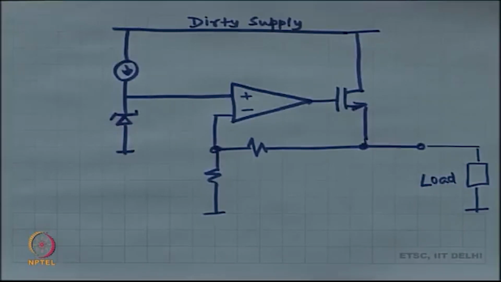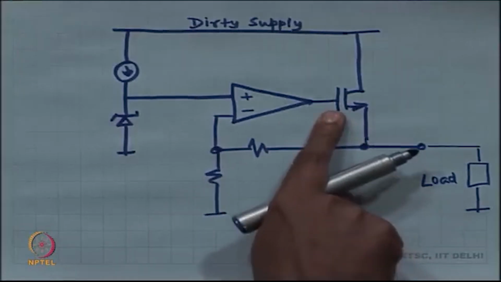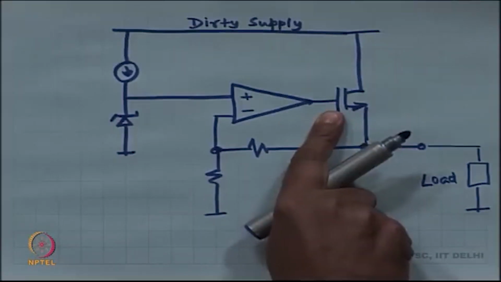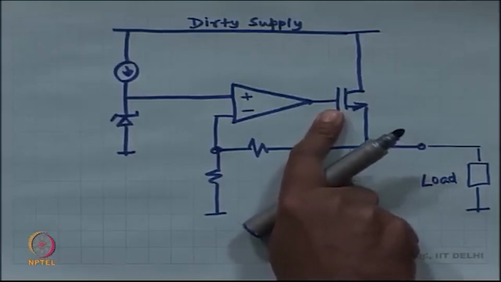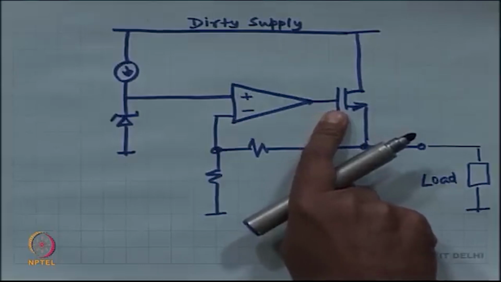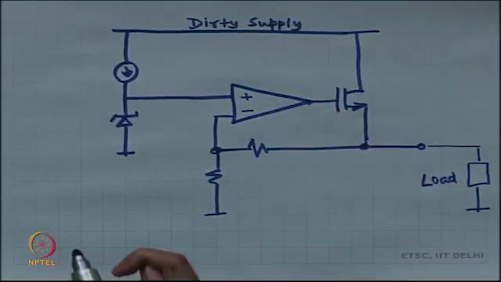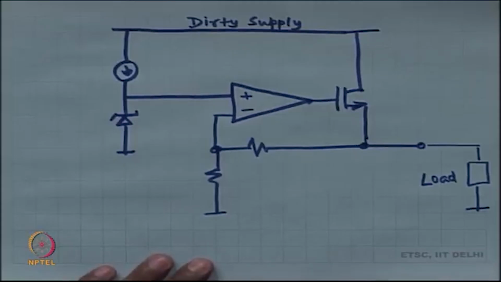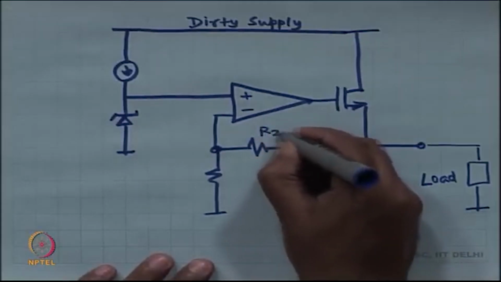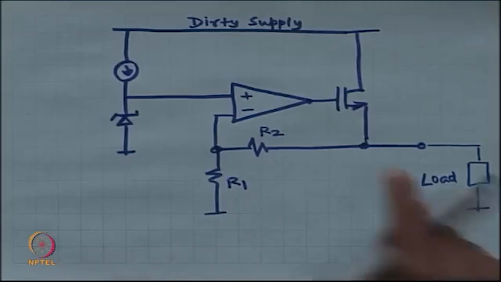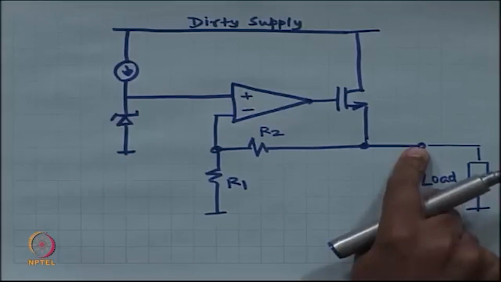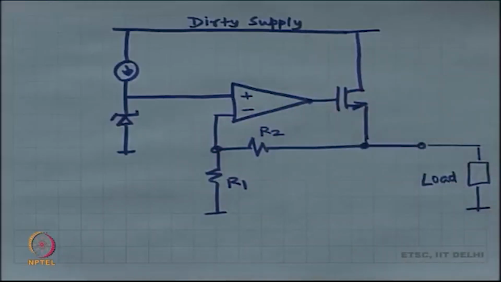What is this? This is a common drain circuit. Common drain circuit has a low output impedance. If you want to analyze this circuit, what is the output voltage going to be? Is it going to be related to the common drain at all? No, it is not.